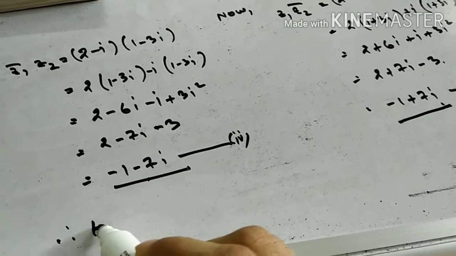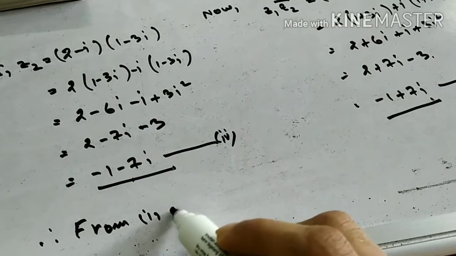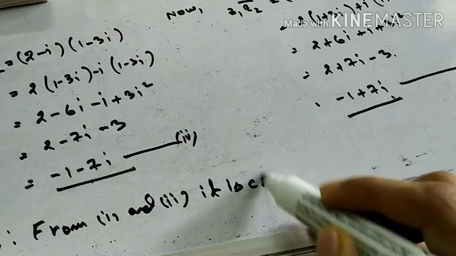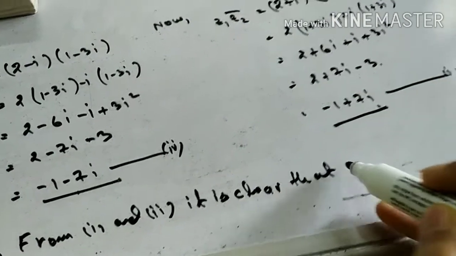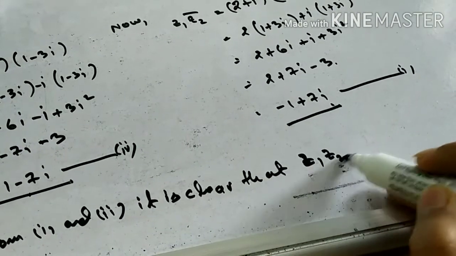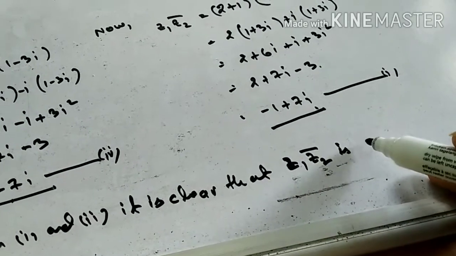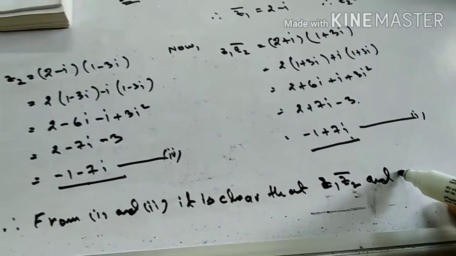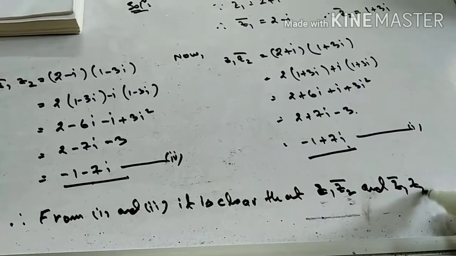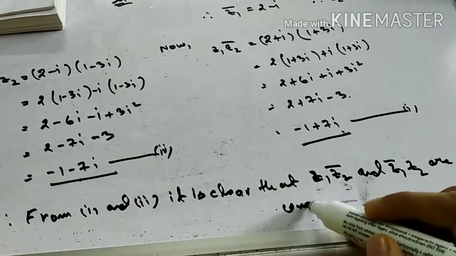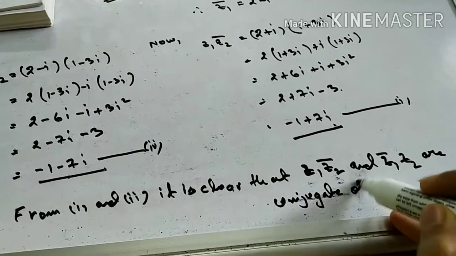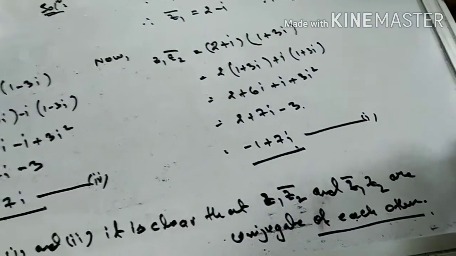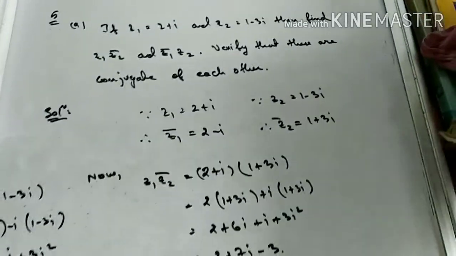So therefore I can say from 1 and 2 it is clear that Z1 into Z2 bar and Z1 bar into Z2 are conjugate of each other. This one you can say. Understand?